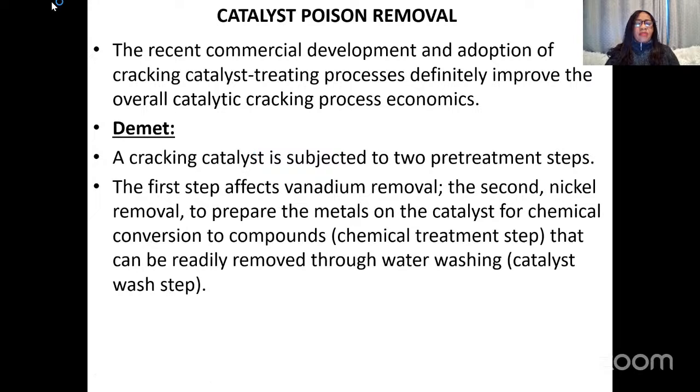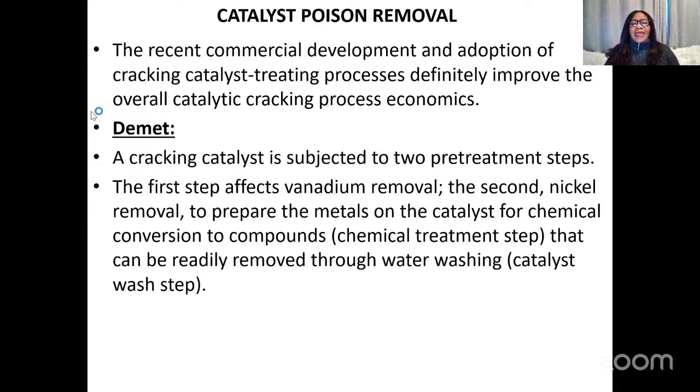So we have some recent methods that are used for catalyst poison removal. This particular one is a recent commercial method that was developed and adopted for catalyst poison removal. One is called DMET, MET for metal. A cracking catalyst is subjected to two pretreatment steps.